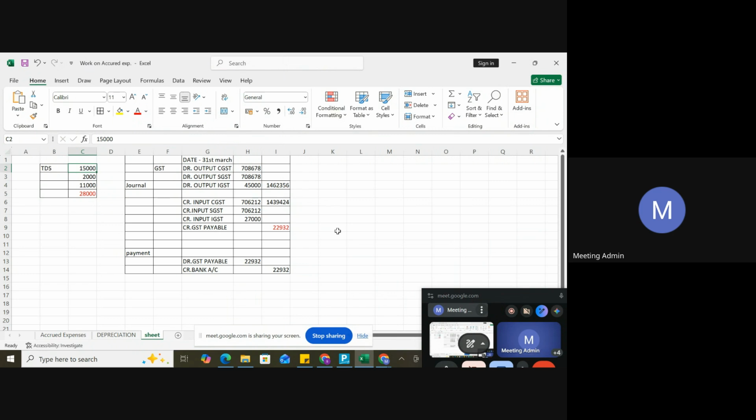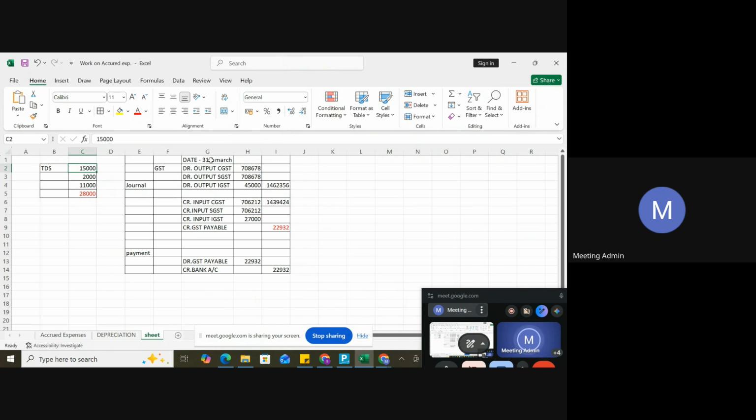Okay. So here what are we doing? Here we are doing the entry. This input and output tax we do every month, but the set off entries we have to do once in a year. Okay, that is 31st March we have to do.